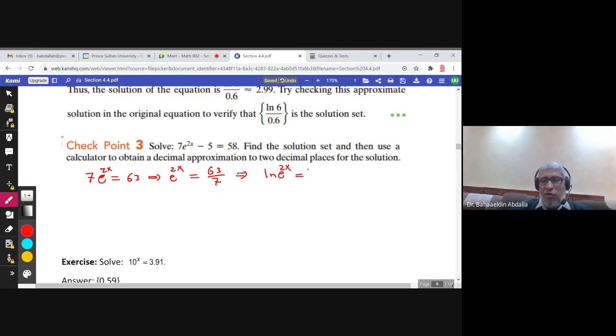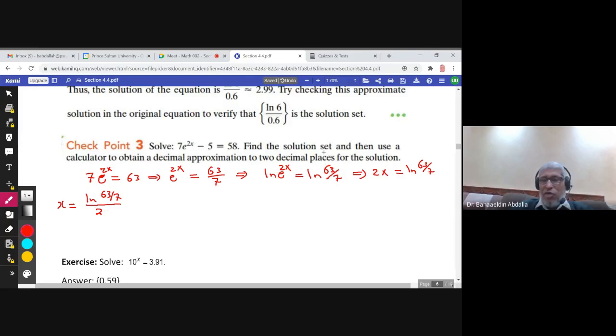If you don't follow these steps, your answer will not be correct. And then ln and e cancel each other, and we have 2x equals ln 63 over 7, and the final answer would be x equals ln 63 over 7, over 2.